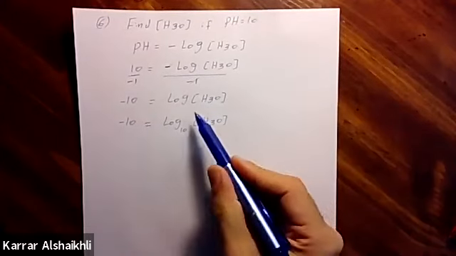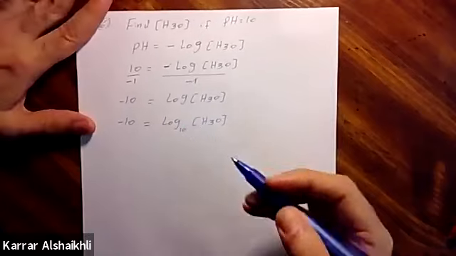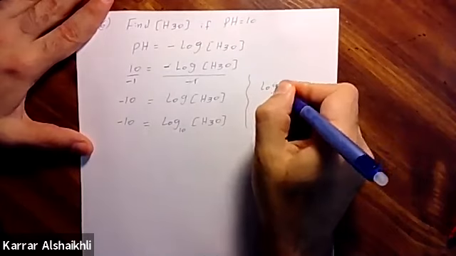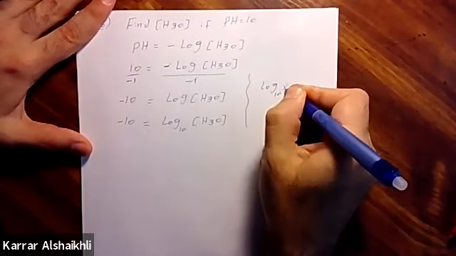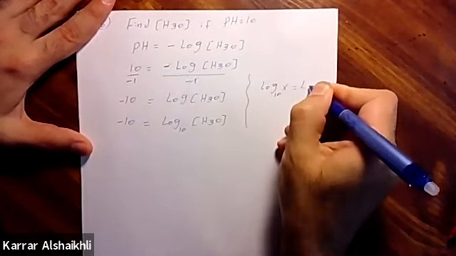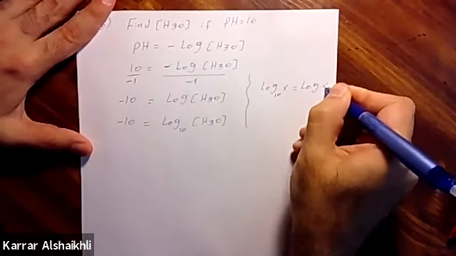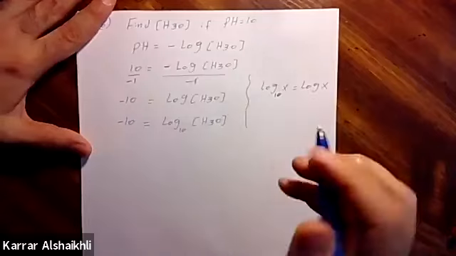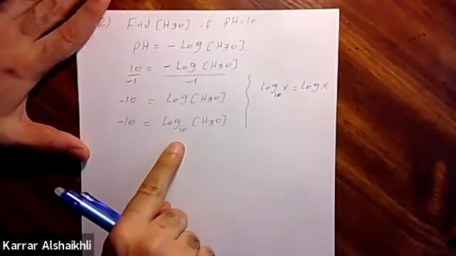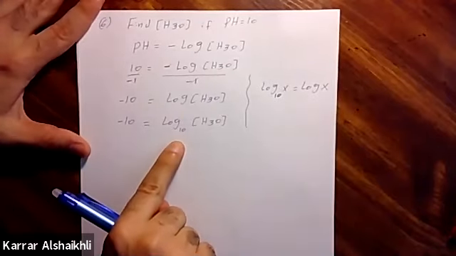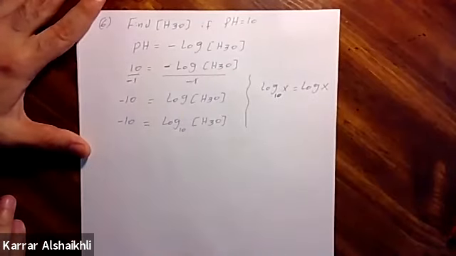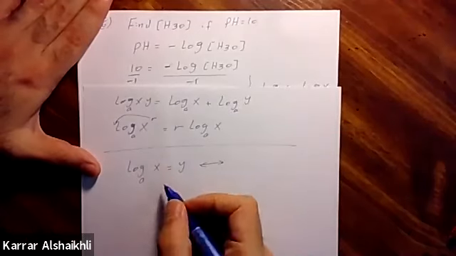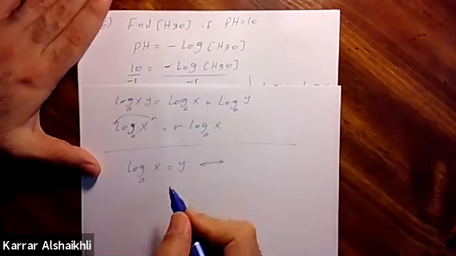If there is no base, that means the base is 10, because the rule says log to the base 10 of x equals the same thing as log just of x. So I don't have to type the base. That's why I use the 10 here. Now who's going to tell me the next step? The log form. We can't use the log form until it is converted to the exponential form. How?